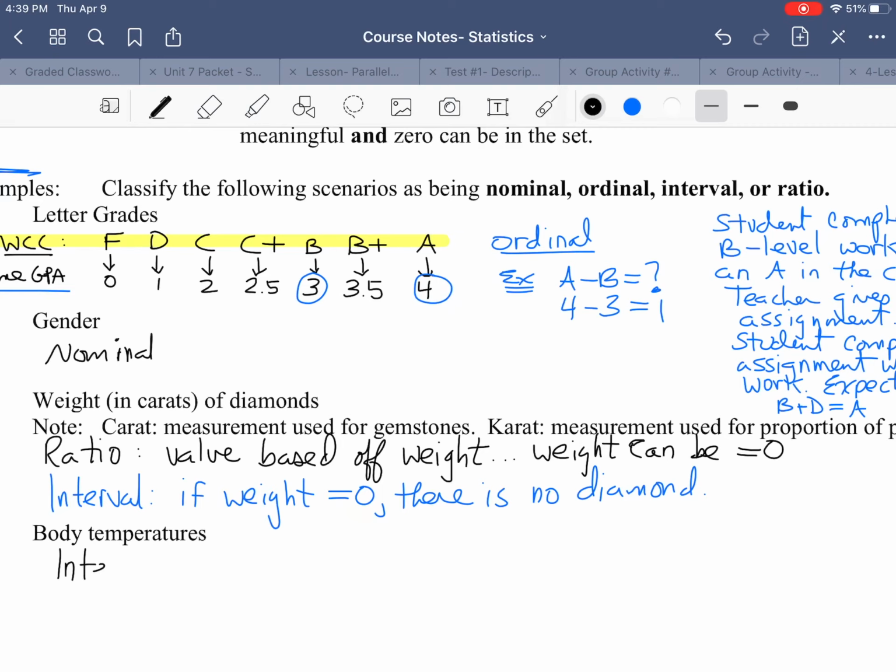Body temperature, same idea. We could say interval, temperatures would not be equal to 0. 0 degrees what, though? Fahrenheit, Celsius, whatever.